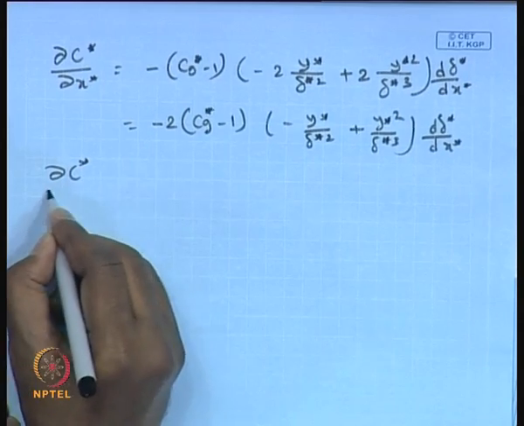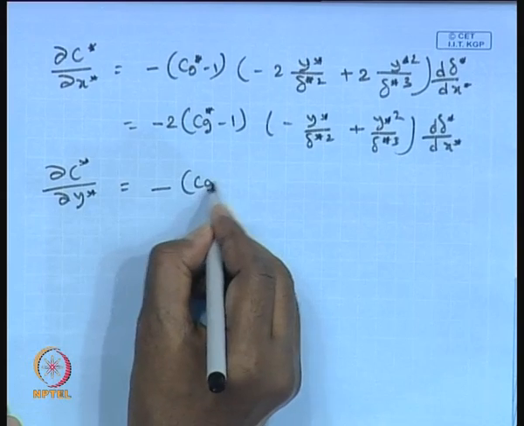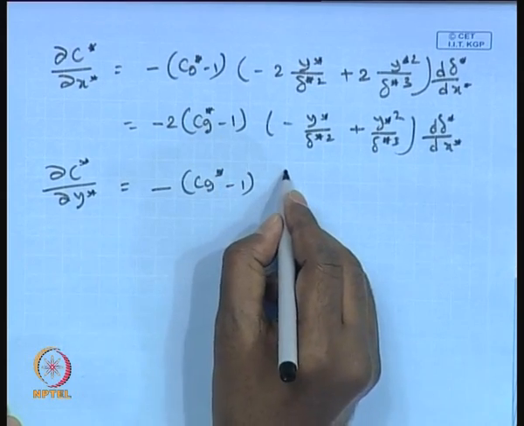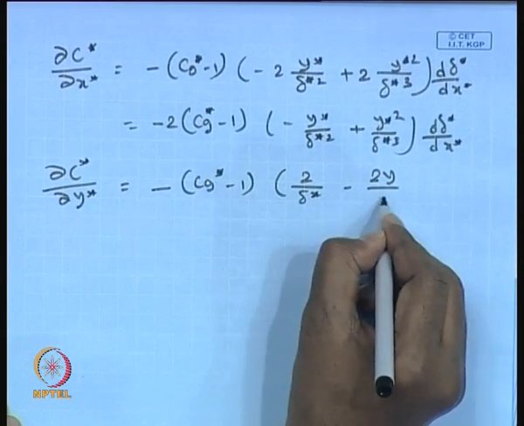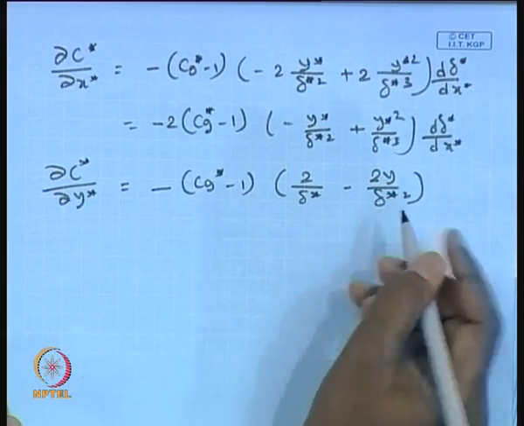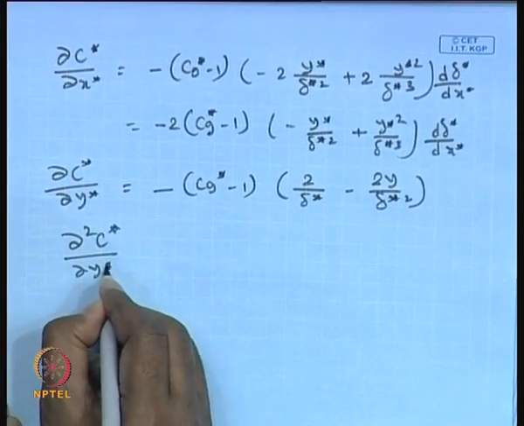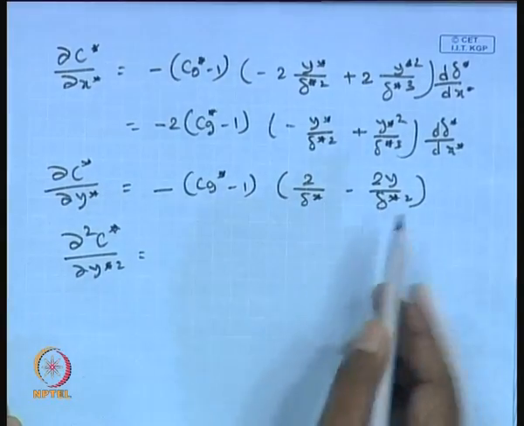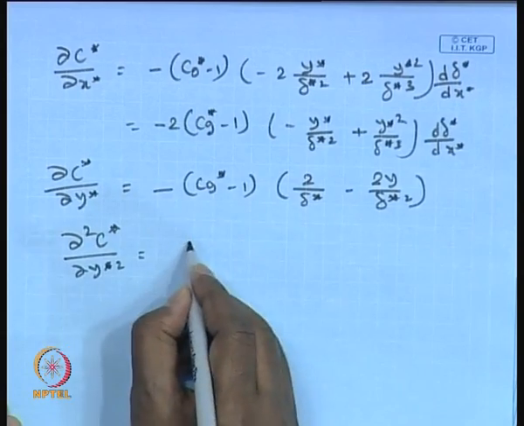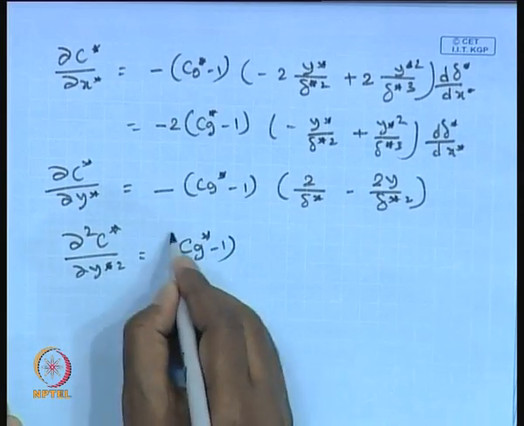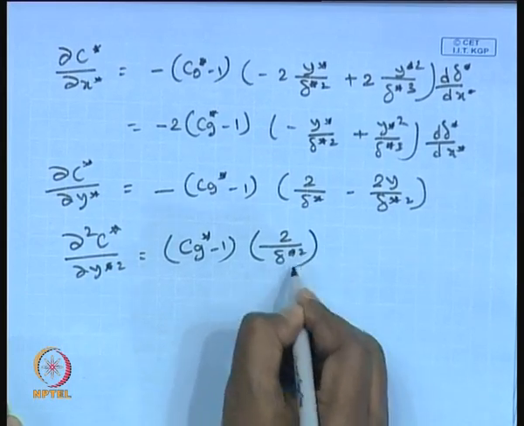Del C star del y star becomes minus Cg star minus 1 times 2 by delta star minus 2 y by delta star square. And del square C star del y star square will be one more derivative of this equation, so only this term will be there. Minus minus plus, so it will be Cg star minus 1 times 2 by delta star square.